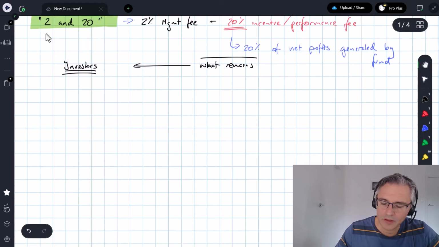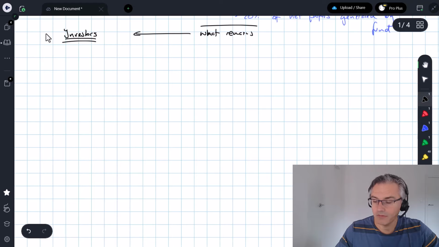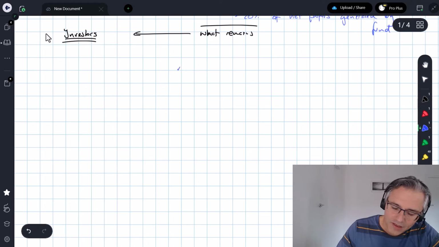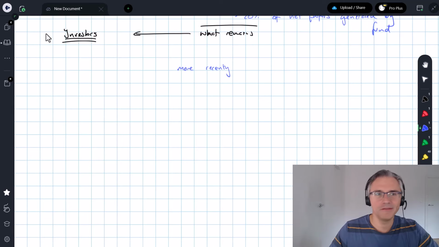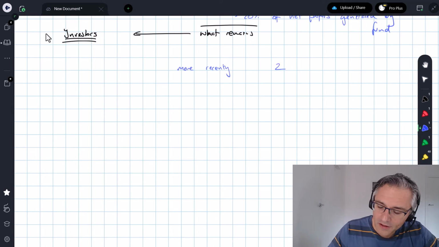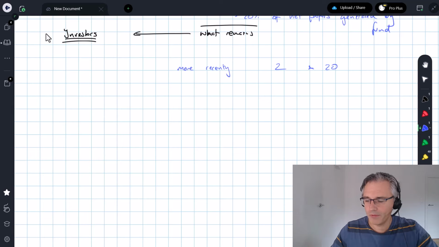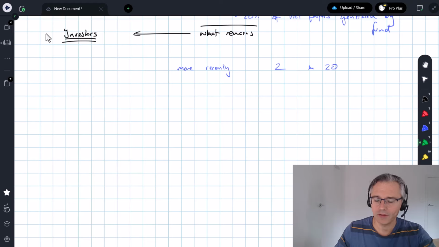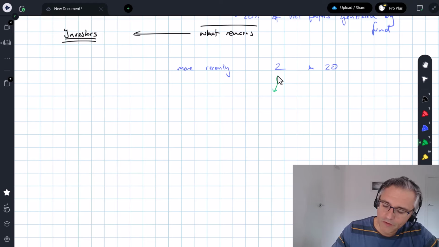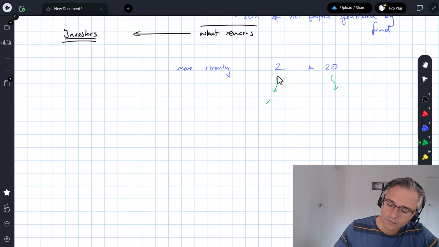Now, maybe it's worth mentioning, because your book does talk about this briefly, that more recently, without going into any specifics of what recent means, the typical 2 and 20 structure, which has been around in the industry for quite a long time, has been morphing into the 1 and 30.